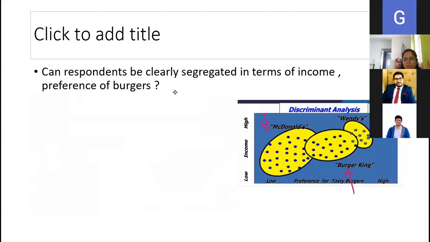And I asked them what their income is, so there is low income, high income, medium. And then I asked what is the preference for tasty burgers, is it low or high? So based on income or preference, can I segregate these respondents? I see these 3 different segments are coming up. Although there is some overlap, these 3 segments are coming up.